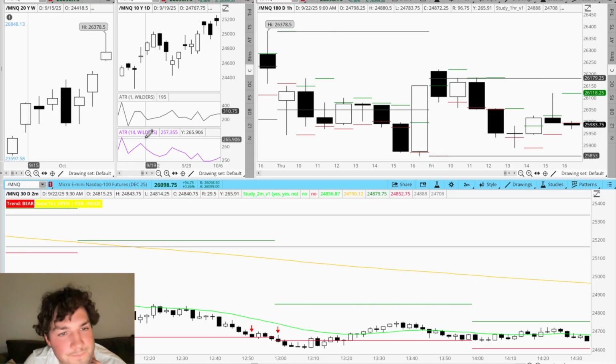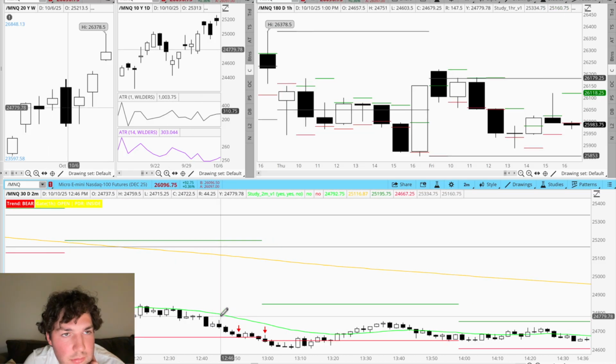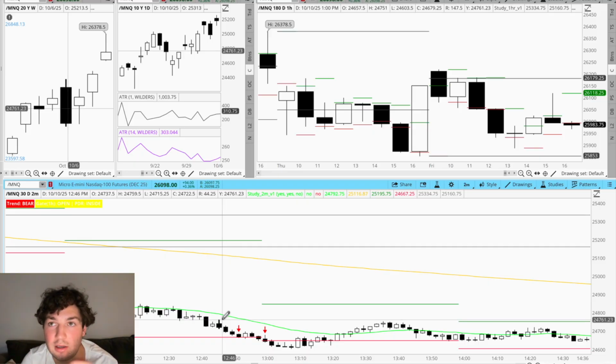If the ATR1 value is greater than 50% of the value of the ATR14, I don't trade, because if the ATR of the current day is greater than 50% of the average for the last 14 days, that means there's not as much juice left to squeeze.